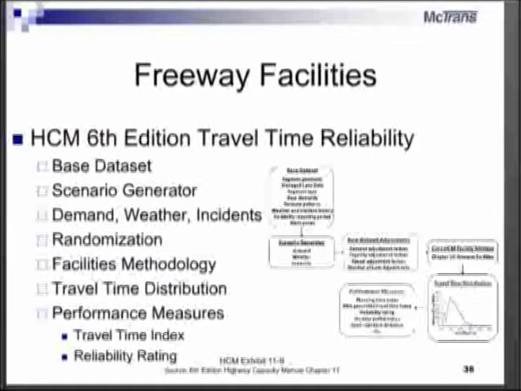How often that's above 1.33 develops something called a reliability rating, intended for you to be able to say, if I leave home and go to work, what are the chances it's going to take my typical 20 minutes, and what are the chances it's going to be something different? The more reliable, the more the user can depend on the roadway, and it remains to be seen how DOTs and folks will implement all this, but it's providing a lot of information for many different purposes probably.